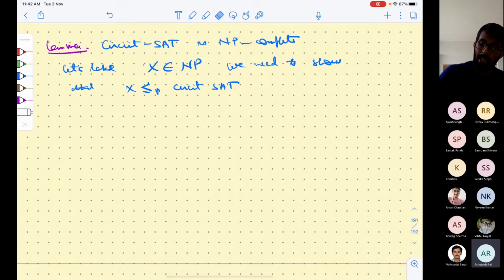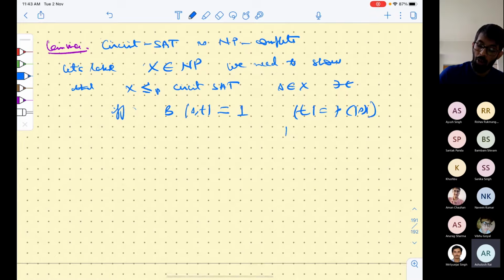That means that for any s belonging to x, there exists some t such that, if and only if, B of s comma t is equal to 1. And the size of t is polynomial, and B also runs in polytime.